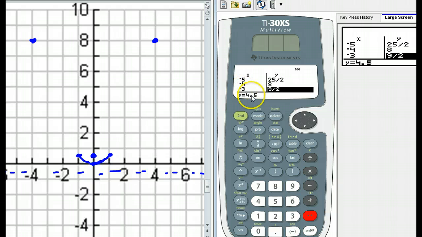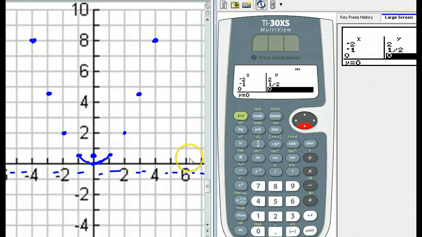So -3 and 4.5. So again, there should be another point mirror image. Anything else? At -2, we're at 2. So that puts me here and here. And we already know that at -1, we're at 1/2. And then there's your origin 0, 0.